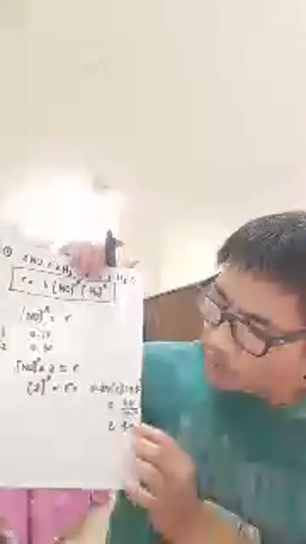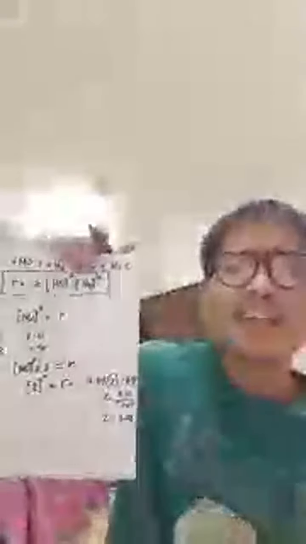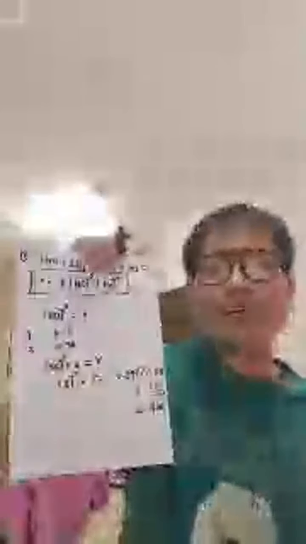Okay, so since you let Z be your factor to be multiplied by 0.84, Z is equal to 4.02. So Z is just equal to R. I don't want to confuse it with the small letter r, the rate law, because this is only the factor that you multiply, not the rate actually. But since you are computing for the rate law, it will just be equal directly, so it's equal to 4.02.